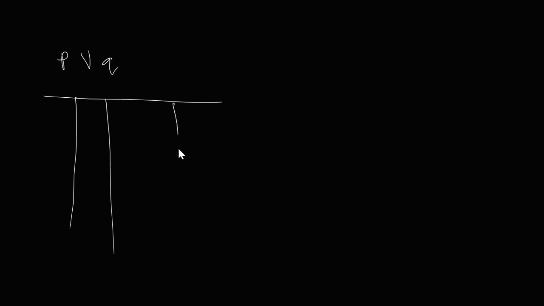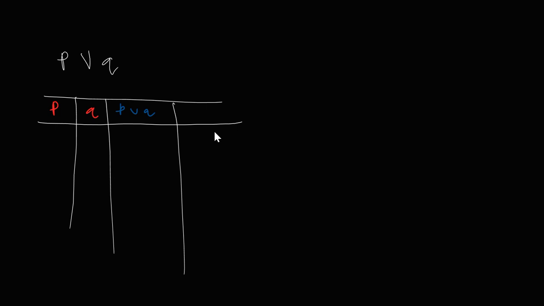For instance, P or Q. I'm just going to draw a truth table for this statement. I'm not good at this drawing thing, but I just drew something. This is going to be P, this is going to be Q, and this is going to be P or Q.